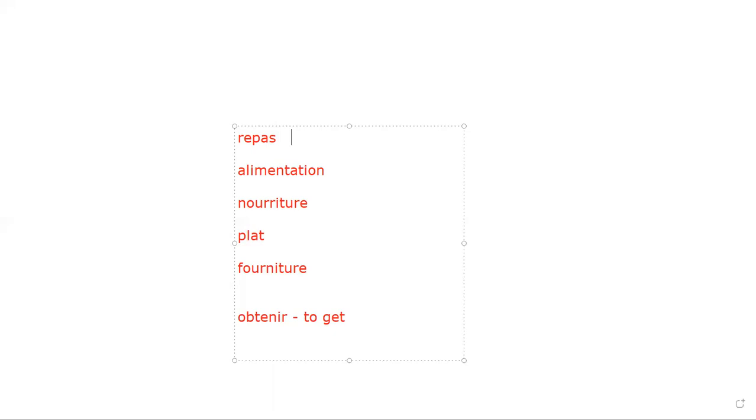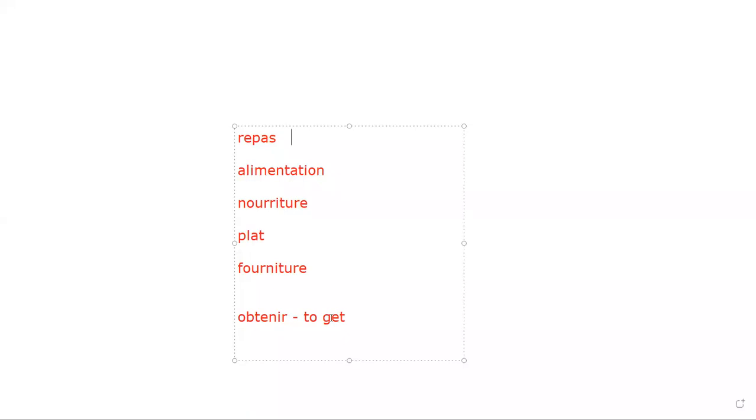Clear? Now, for example, we have obtenir. Obtenir is my verb, to get. Repeat after me. Obtenir. Obtenir is to get. But get, we can use for gaining something also, to acquire something also. Right? Team, it is a very important thing.